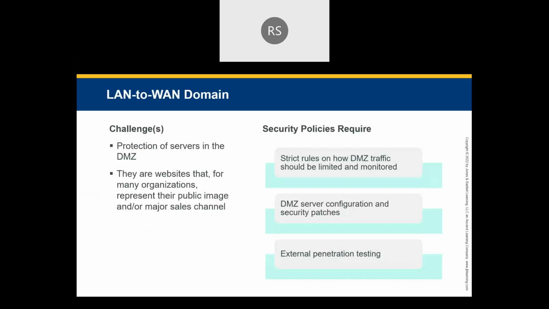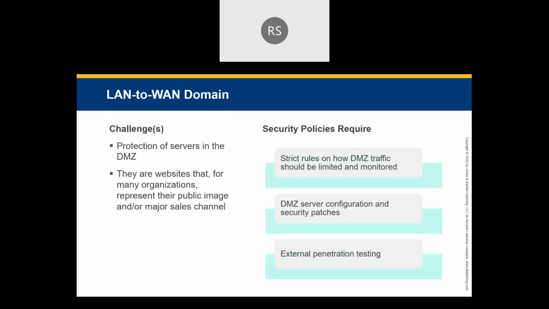Also, regularly maintaining and updating the configuration of the DMZ servers is a crucial step in maintaining their security. This includes implementing secure configurations, disabling unnecessary services, and applying security patches promptly. By keeping the servers up to date and properly configured, you can reduce the likelihood of vulnerabilities being exploited.